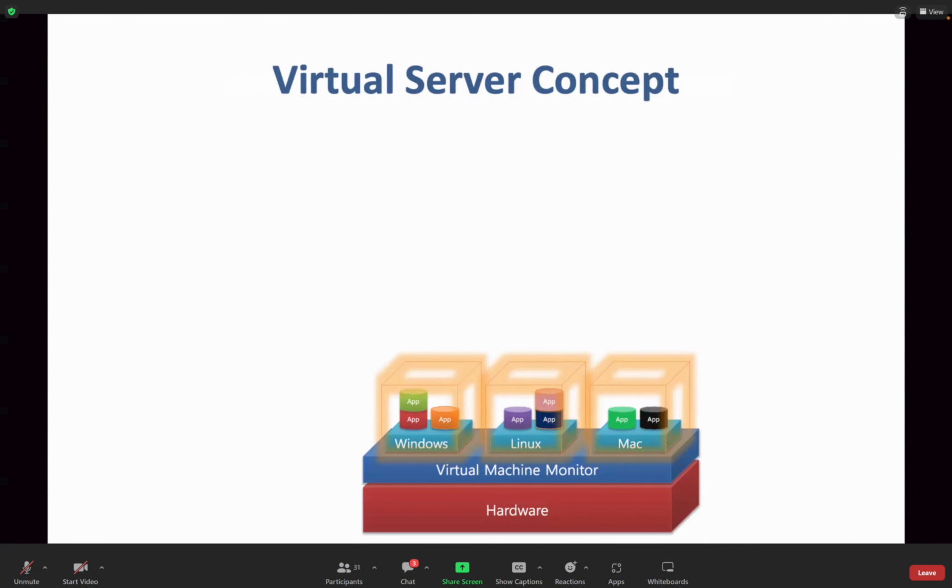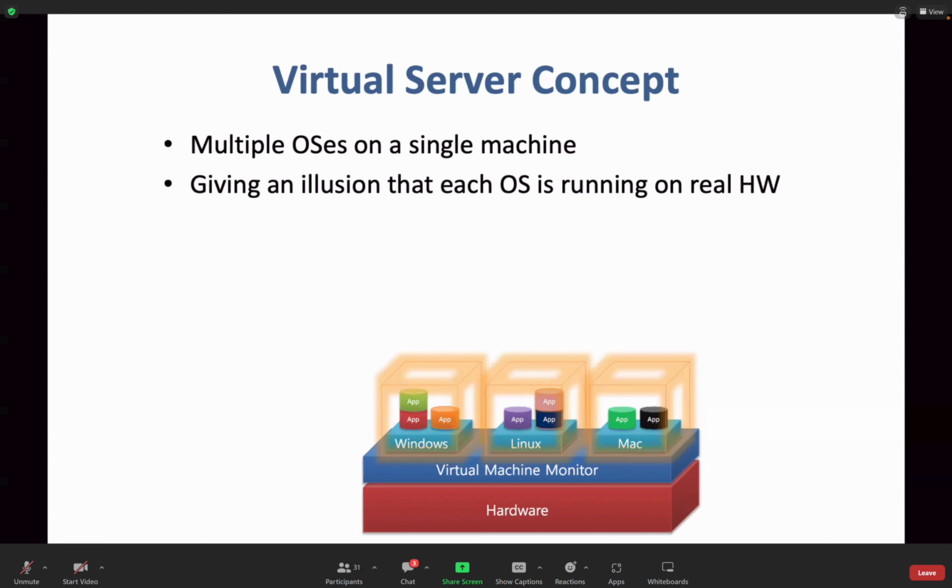I'm showing a lot of different figures of the same concept from different sources. Some are from research papers, and some are from vendors like VMware, IBM, Cisco, and so on. So for a virtual server, the main idea is that multiple operating systems can run on a single machine.